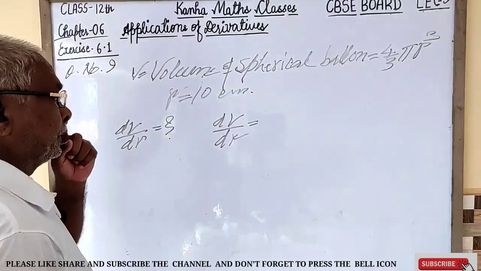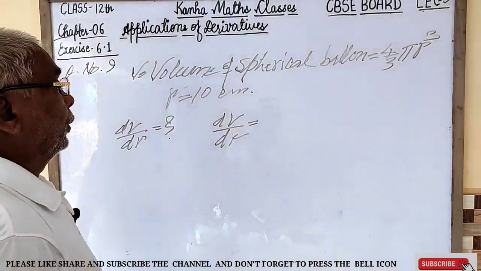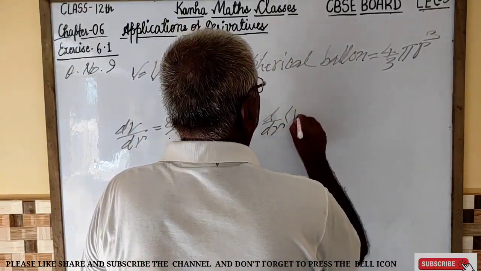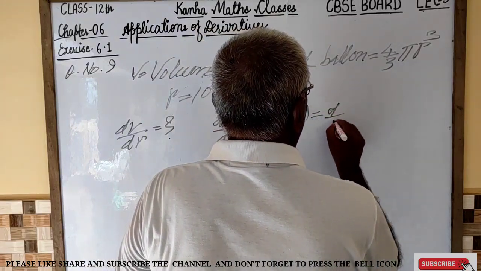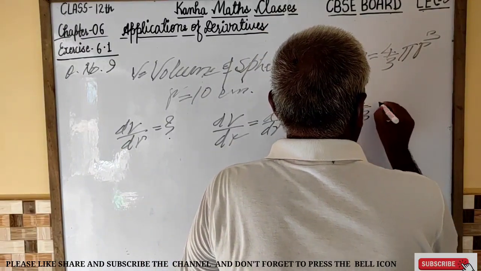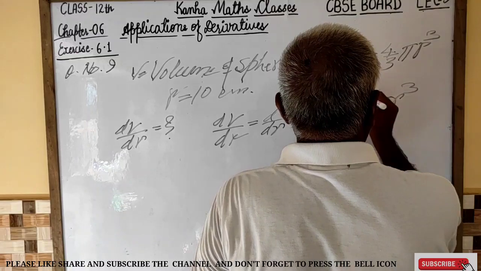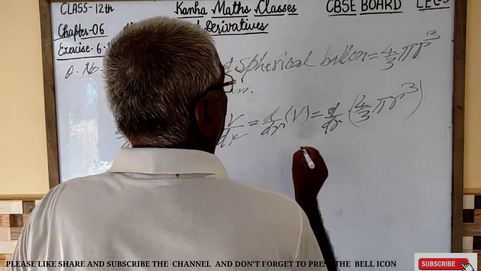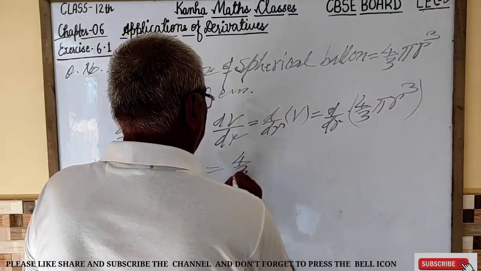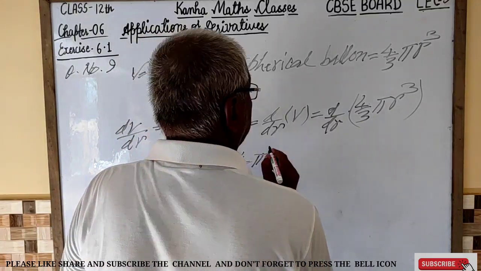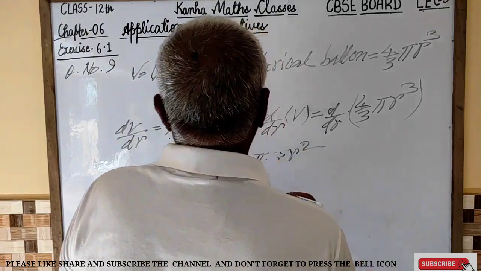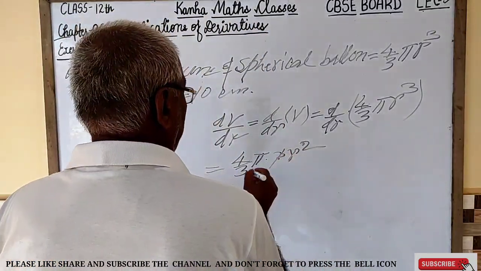When we have to find out the rate of increment of volume with respect to radius, then d/dr of V, that is V means 4/3 pi r cube. 4/3 pi taken as a constant, and the derivative of r cube will be equal to 3r square. 3 is cut by 3.